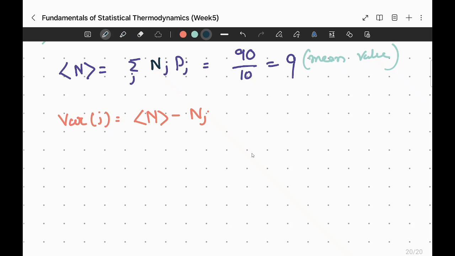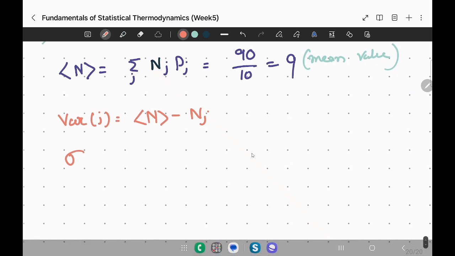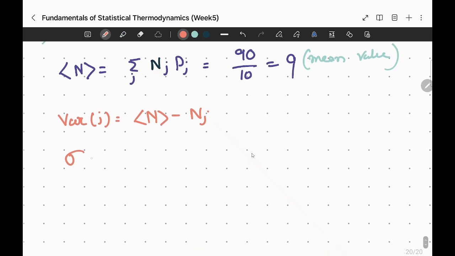Now, what is the standard deviation? Standard deviation is the same, it is just the square of the variances. Nothing more, just square. This is the standard deviation for each term j.